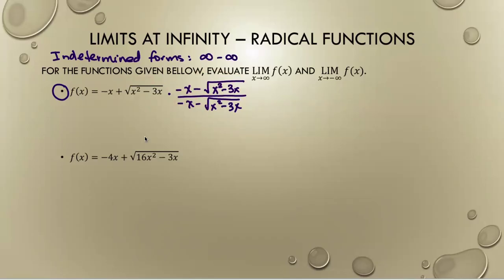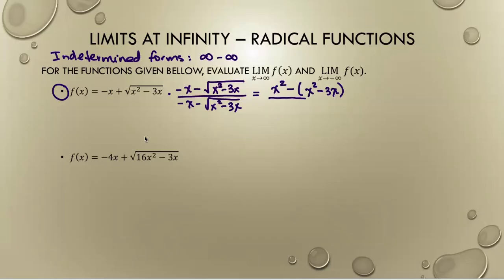From here, we are going to multiply. Negative x times negative x is a positive x squared. Then a positive times a negative is a negative. When we multiply roots that are the same, we just keep whatever is inside, because a root times a root cancel each other out.